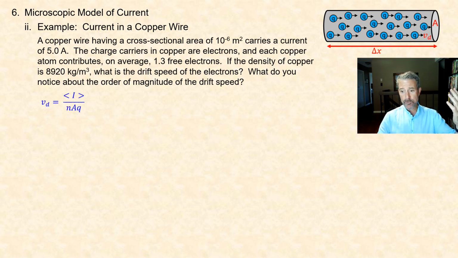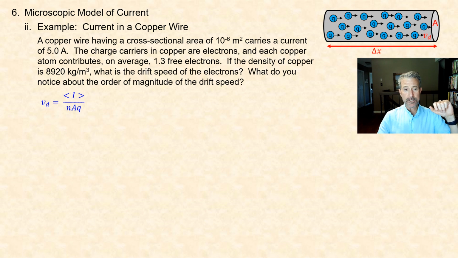Since we're asked to find the drift speed, all we're going to do is take our expression for the current and solve it for drift speed. Remember from the previous slide, the average current went like N A q v. In this case, we just solve it for the drift speed v.